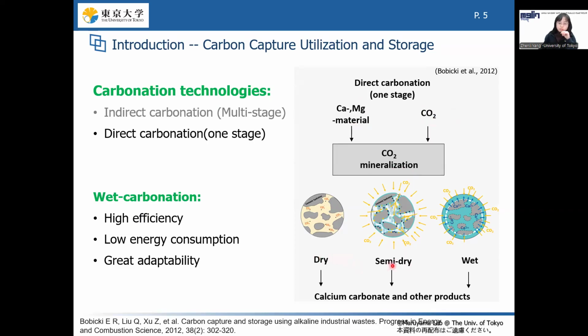Semi-dry means the water keeps the pore solution partially saturated. Wet means to directly carbonate material with carbon dioxide in the water solution. Due to the high efficiency, low energy consumption, and great adaptability of wet carbonation, we will focus on wet carbonation only.